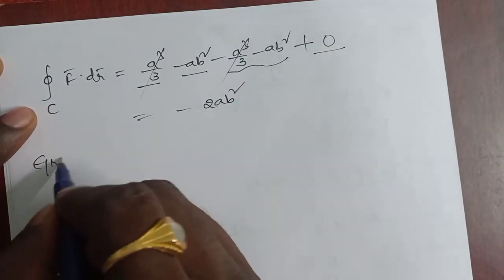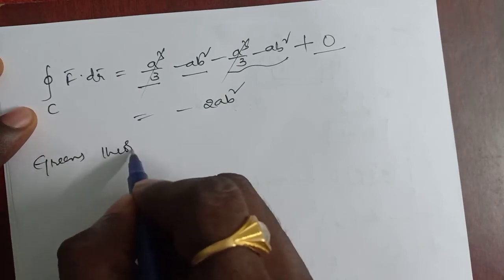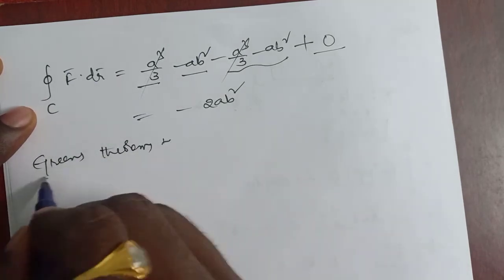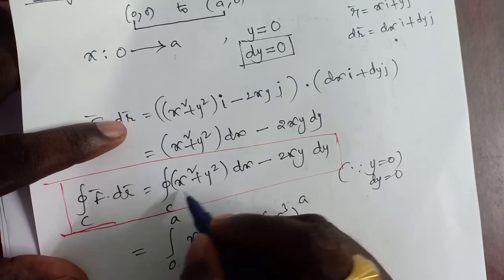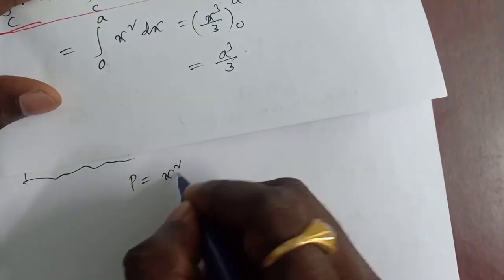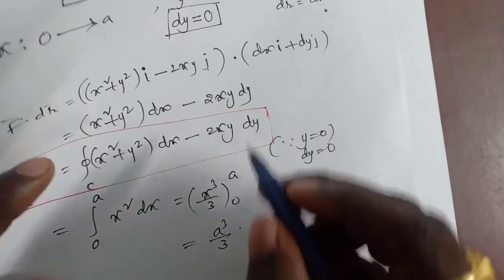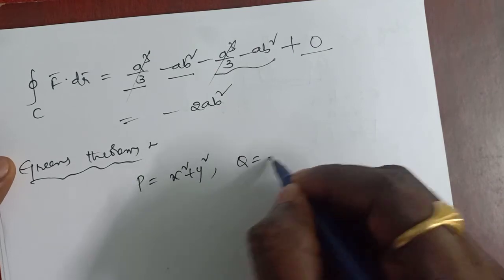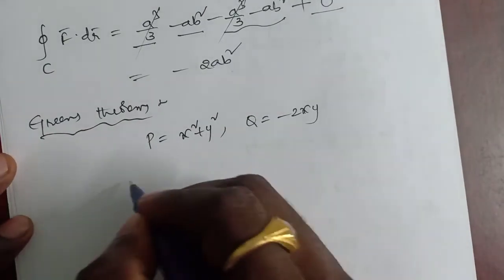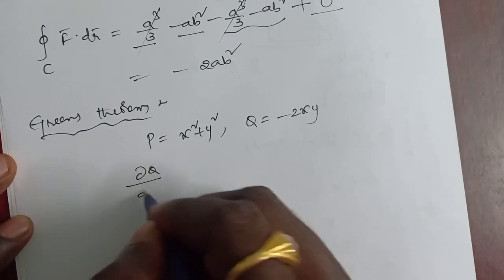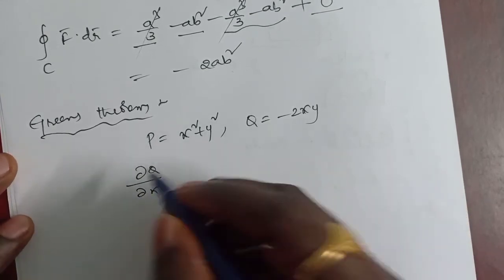Coming to Green's theorem, from this one, what is P? Clearly P equal to x square plus y square. What is Q? Minus 2x. Coming to Green's theorem, what we need to find is dou Q by dou x and dou P by dou y.